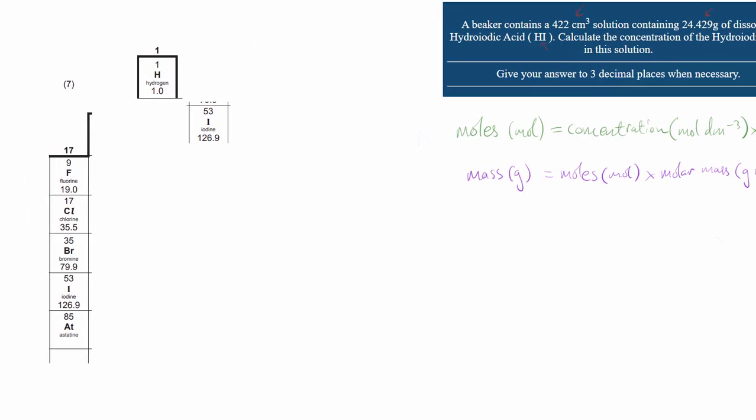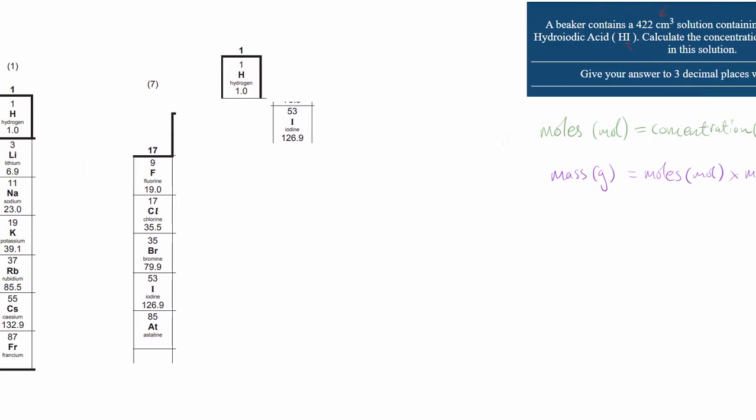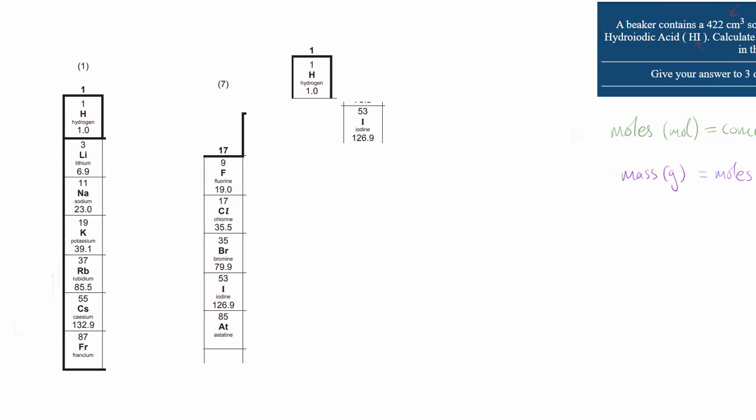If we take a look at the periodic table excerpts, which I've got here, we can see 126.9 and hydrogen. So this is just HI, right? That's literally just 1 plus 126.9.